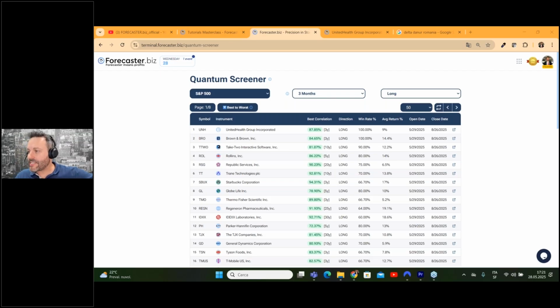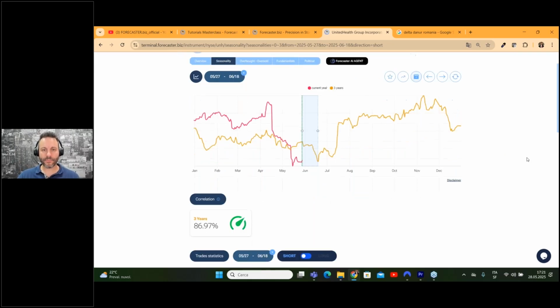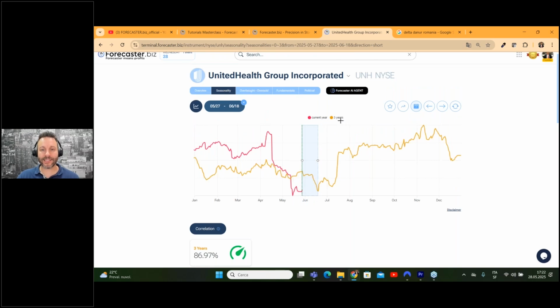Anil, which is the best correlation in terms of time? For example, about 3 years, 5 years, 10 years. Look, this is a very nice question because actually there is no better time frame, okay? Because, for example, in this case, we know that the current year, so the actual prices, is moving like the 3-year seasonality. So we don't care, it's just 3 years, okay?